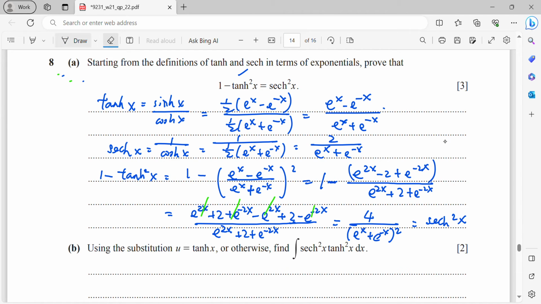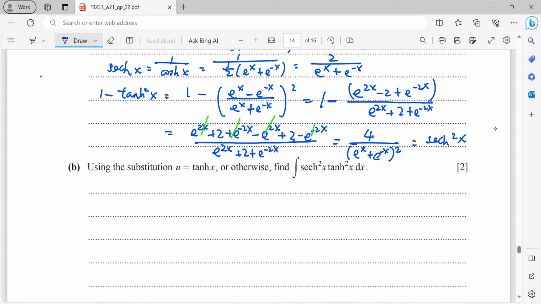Now part B, use the substitution u equals hyperbolic tangent x, or otherwise find this integration. So now, integrate hyperbolic secant squared x, tangent squared x dx, where u is hyperbolic tangent x.